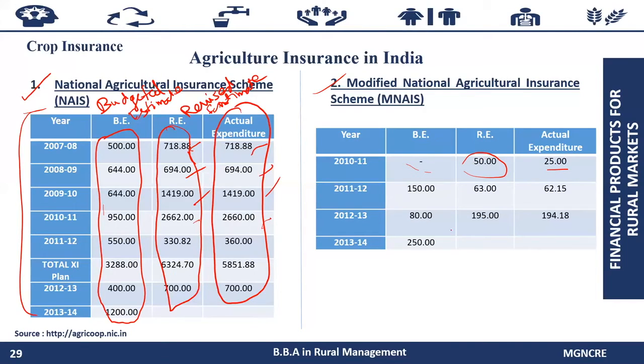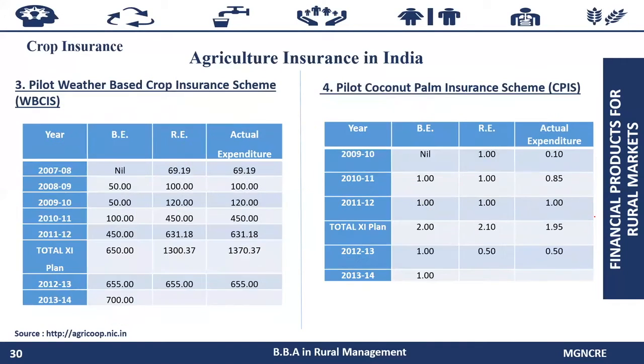In the next year, the budget was increased, but the actual expenditure was less. Then in the next year only 80 was given as budgeted initially, then following the time, 195, where 94 was the actual expenditure.